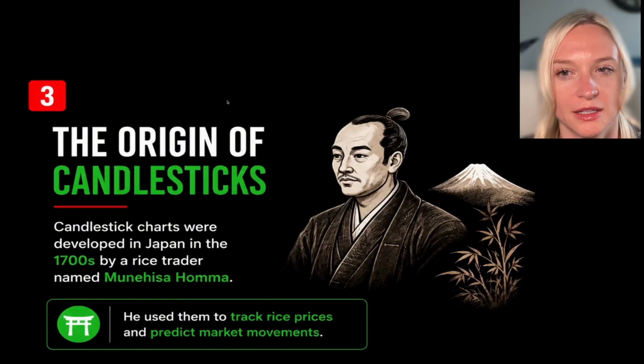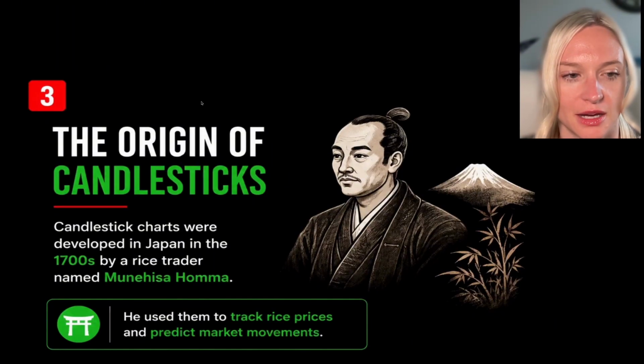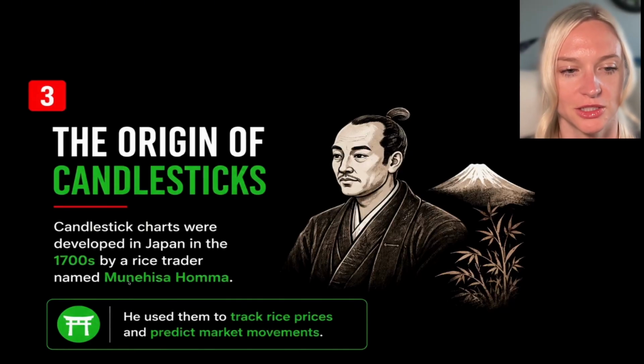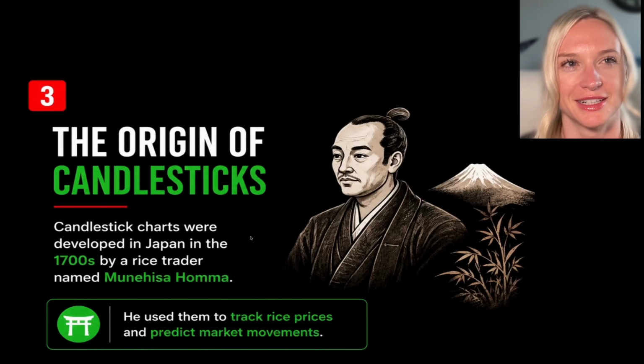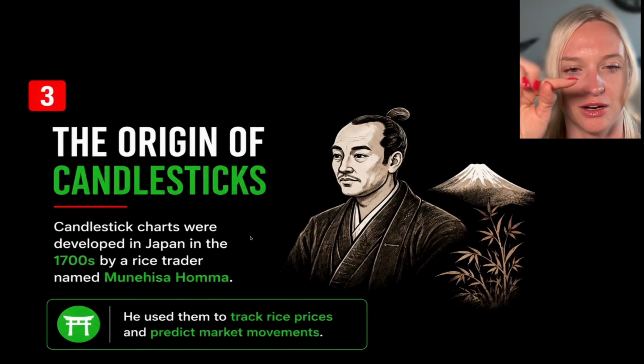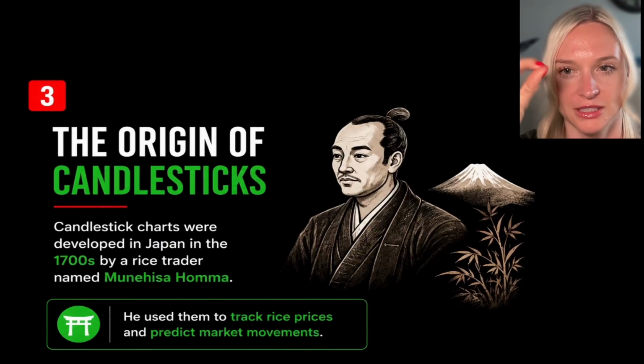And where this whole candlestick situation came from. It's actually from the 1700s. Isn't that crazy? I'm not going to dare to pronounce this person's name because I would not want to say it wrongly. But they used to put the price of rice on rice and mark the rice.